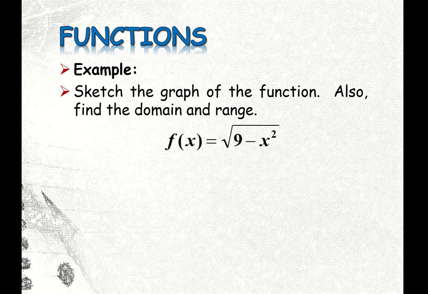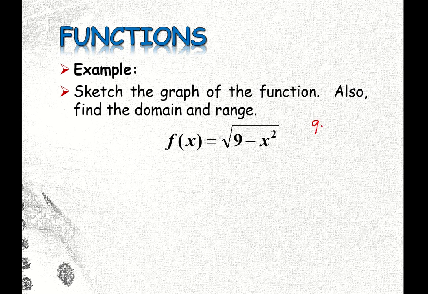Alright, so same procedure. We keep in our mind that the rule here is to make the radicand greater than or equal to 0. So we'll begin with looking at the value of x from this radicand.